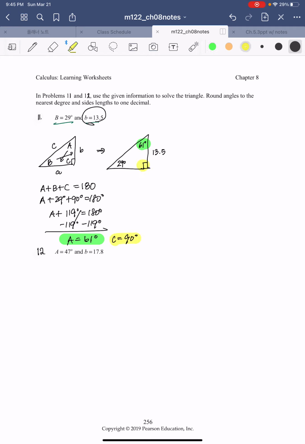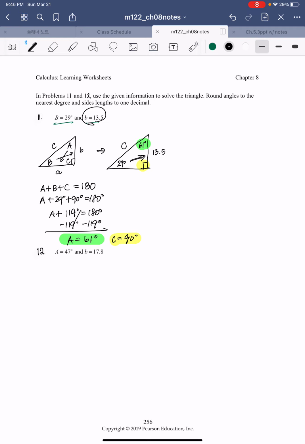So those we found. Let's also find the missing sides. Now we have to use a trig function. Remember sine, cosine, tangent? So let's start setting up. I am given this side opposite of B, so that is the opposite. And then you can choose either function. Let's say we want to begin by solving for c.